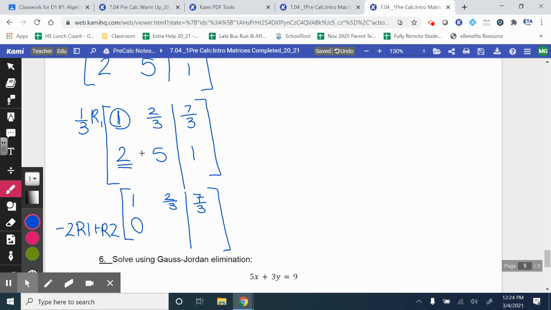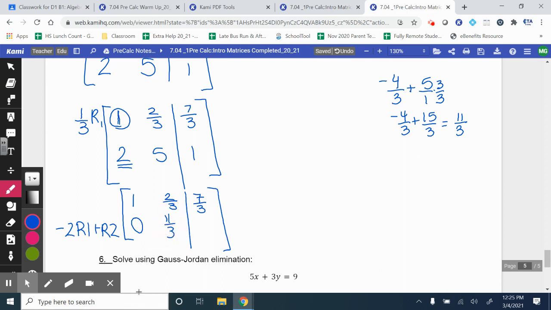So that gives me -4/3 plus 5. If you need to do that off to the side, you can. Or at this point, if you want to use your calculator, you can. So -4/3 plus 5. So I want a common denominator of 3. So -4/3 plus 15 over 3 would give me 15 minus 4 is 11 over 3. So this would give me 11 over 3.